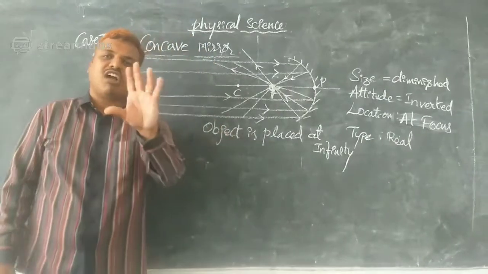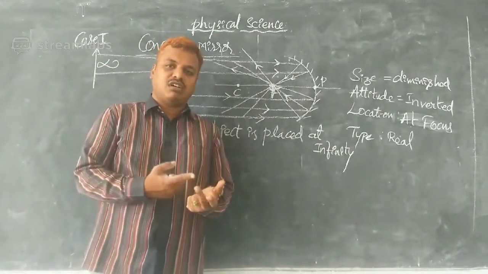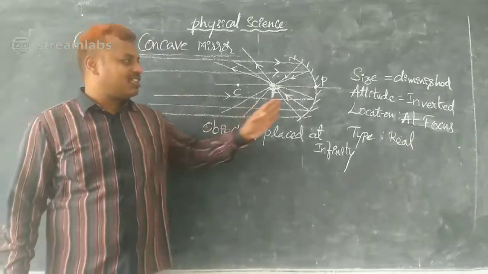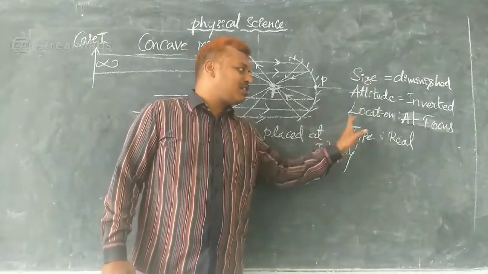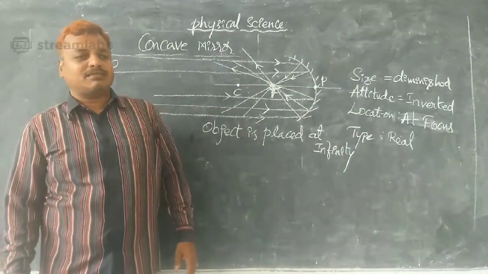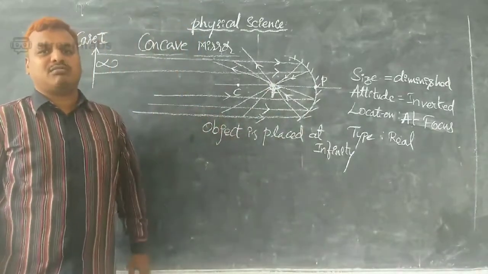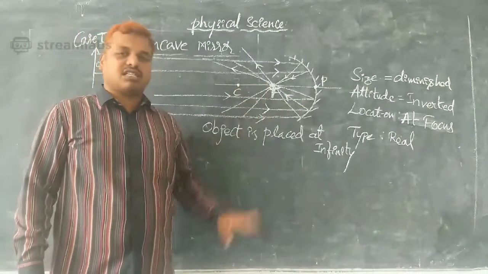Remember SALT. SALT means size, attitude, location, type. Okay, this SALT you need to remember: size of the image, attitude of the image, location of the image, type of the image. So that you need to write, describe for every diagram. So this is case 1. In case 1, what is SALT?